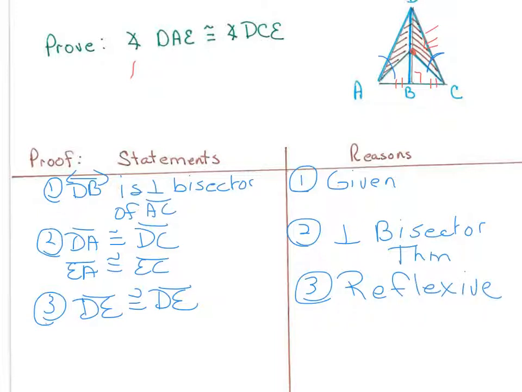Are my triangles congruent then? We could say that they are congruent, and so let's just use the same order that we're trying to prove. We'll say triangle DAE is congruent to triangle DCE by what reason?